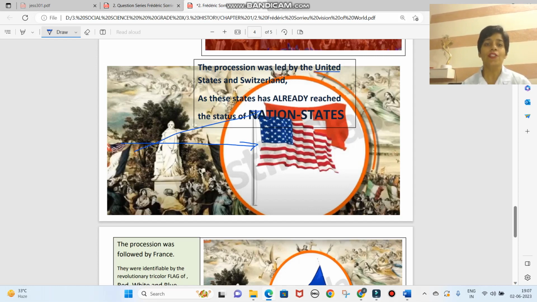So America and Switzerland were the first ones to reach the status of nation states, and that's the reason why Frederick has shown the people of these two states as if they have crossed the Statue of Liberty.